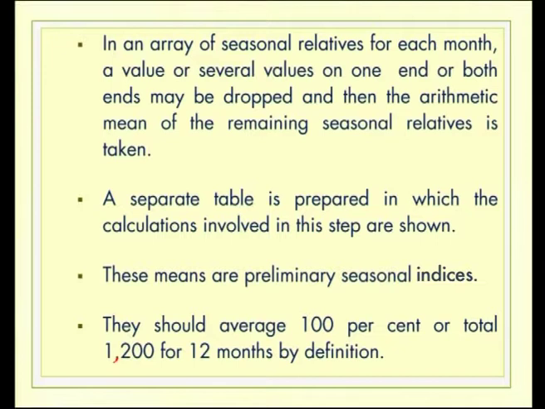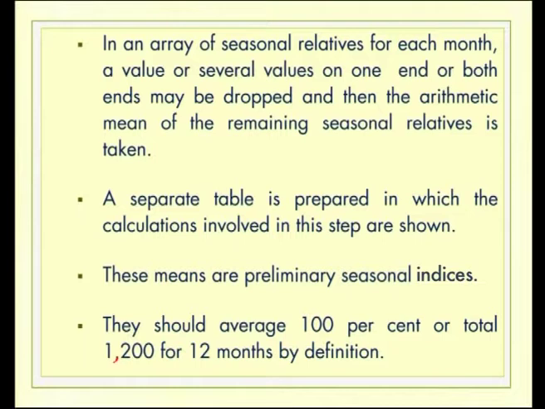A separate table is prepared in which the calculations involved in this step are shown. These means are preliminary seasonal indexes. Whatever steps I am just reading out, you do the problem and come to the steps and go through them, and you will understand it very clearly. They should average 100% or total 1200 for 12 months by definition.